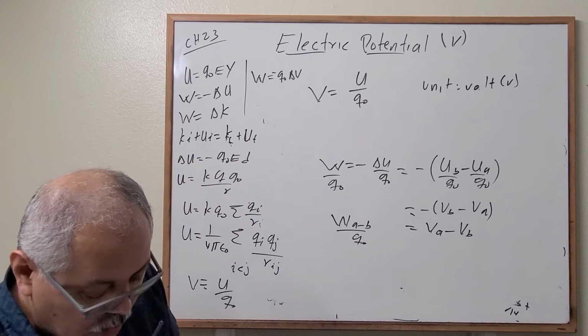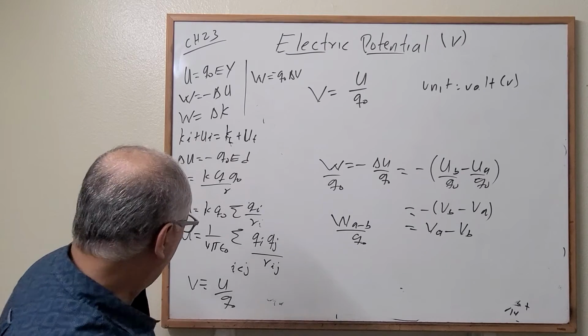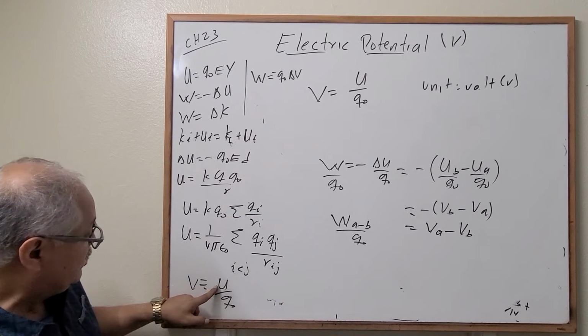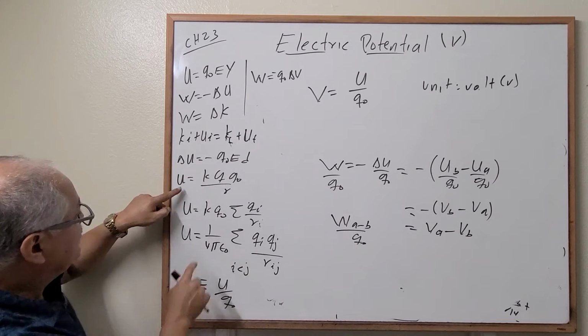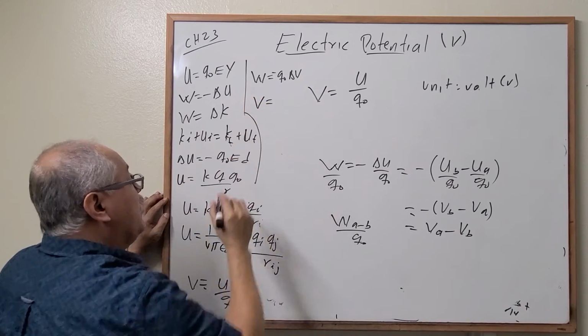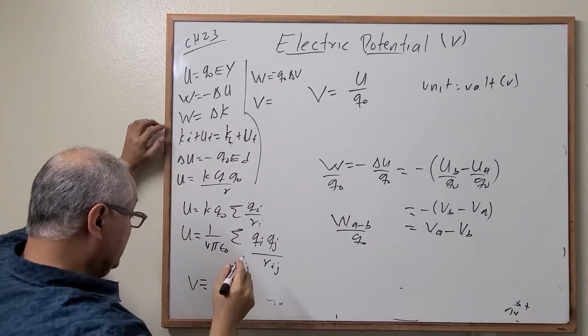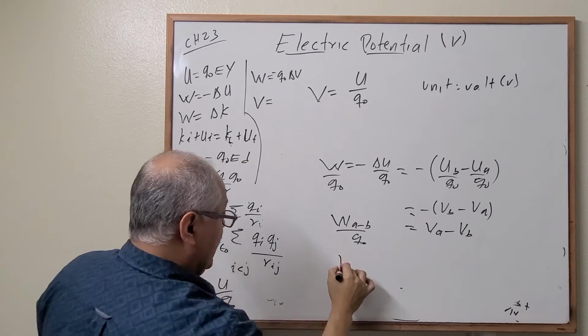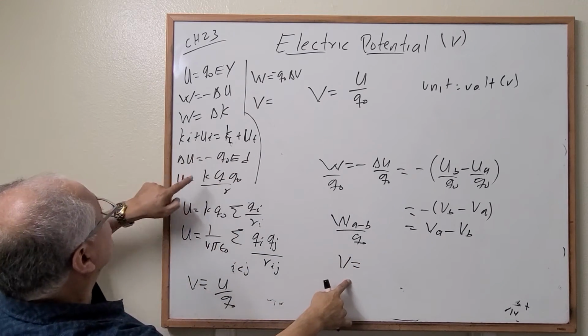Now let's continue. So we have then equations for when we substitute U right here. Look, U is equal to this. So we find for a point charge the electric potential is equal to, again, V is equal to U divided by Q naught, but U is equal to what?